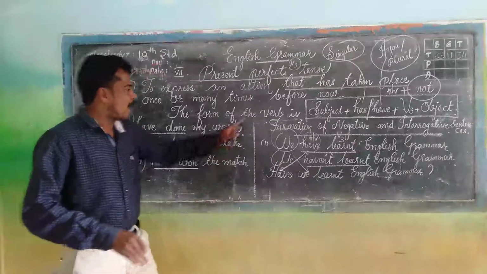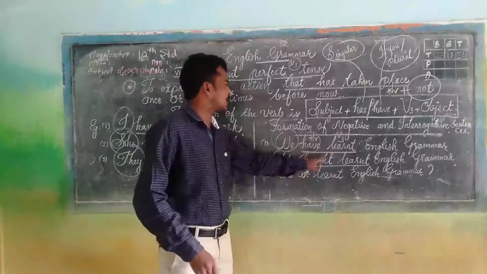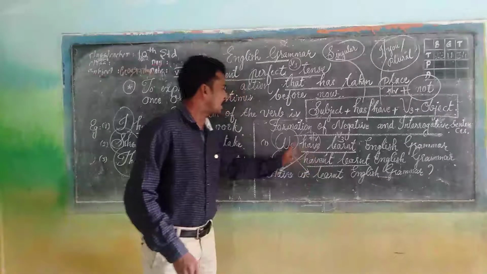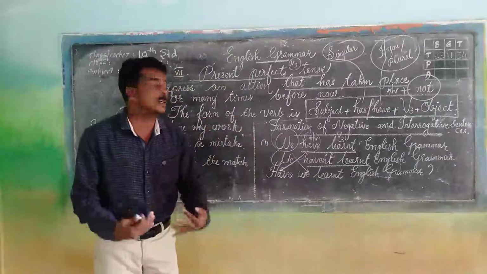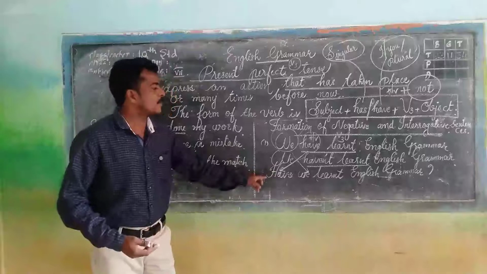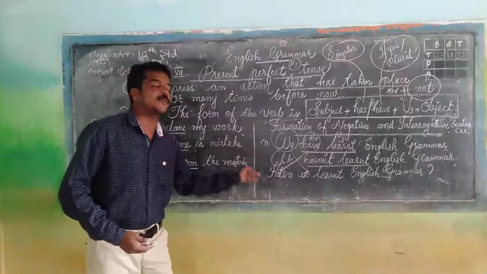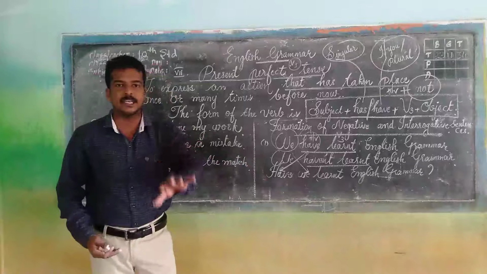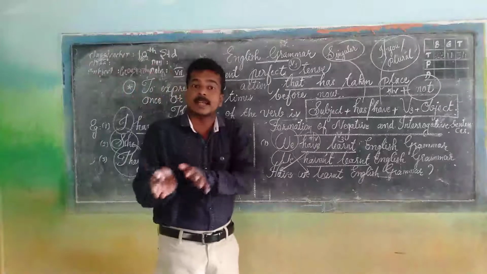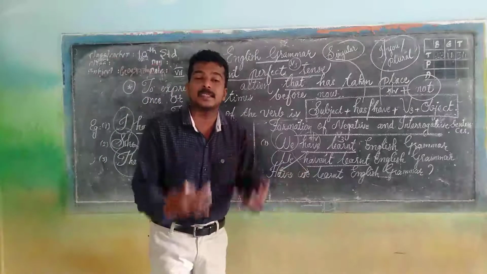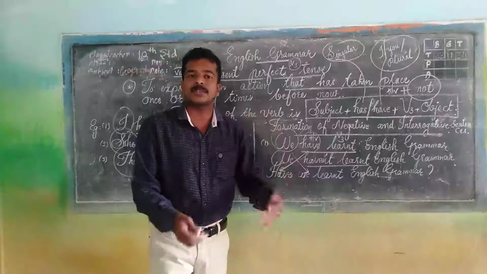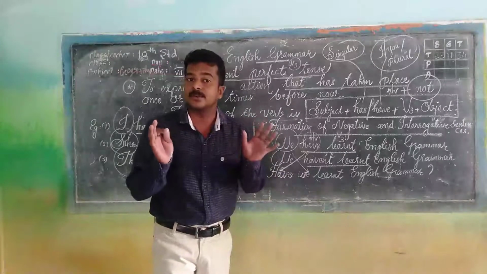See, listen. First I changed the sentence to a negative sentence by adding not, and it becomes we haven't learned English grammar. Next I made a rhetoric question which starts from the helping verb. It is very easy. From the given assertive sentence, we can easily make a rhetoric question. What do you want to do?